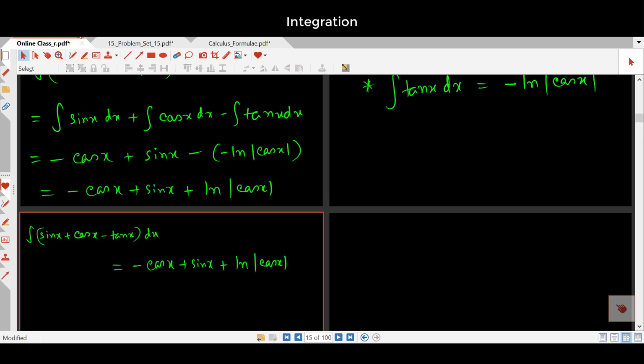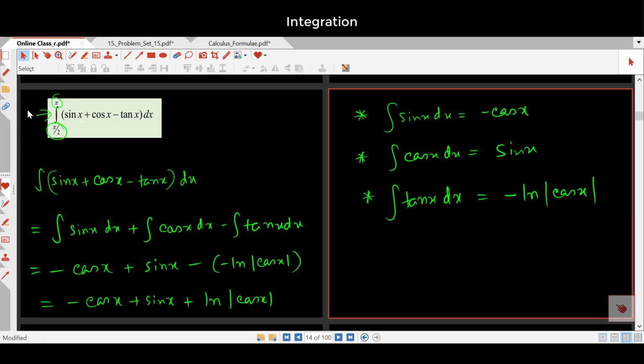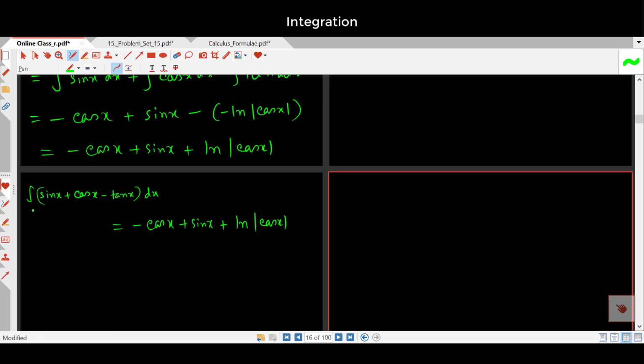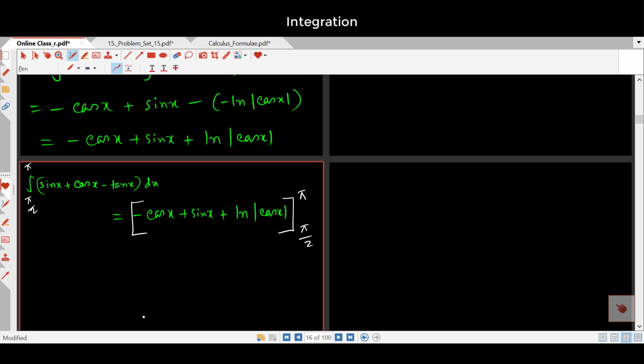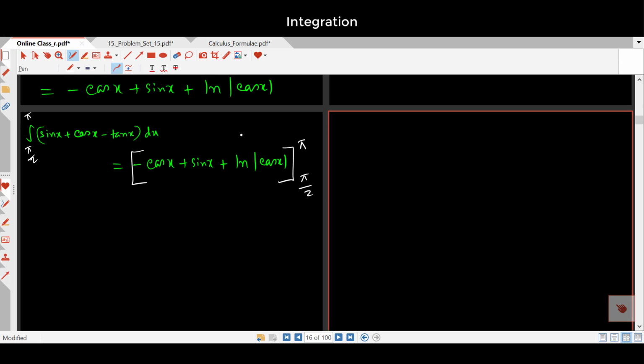So now we can think about the lower bound and upper bound. So lower bound of integration is x equals pi by 2 and upper bound is x equals pi. So here we have pi by 2 and pi. So according to the fundamental theorem of calculus, this is our antiderivative.